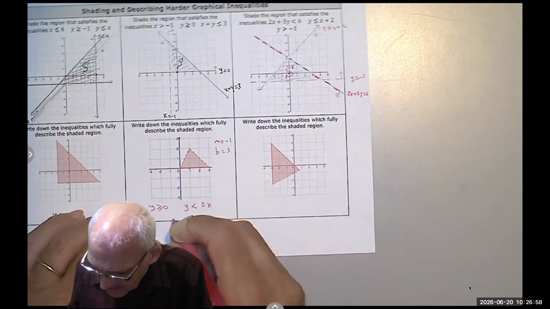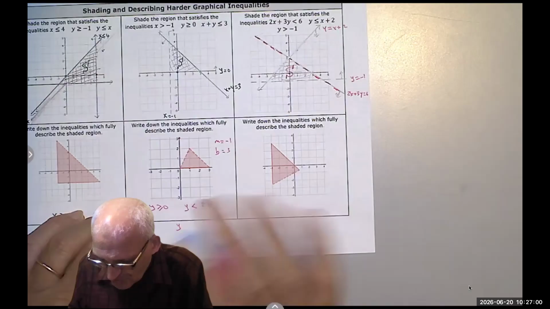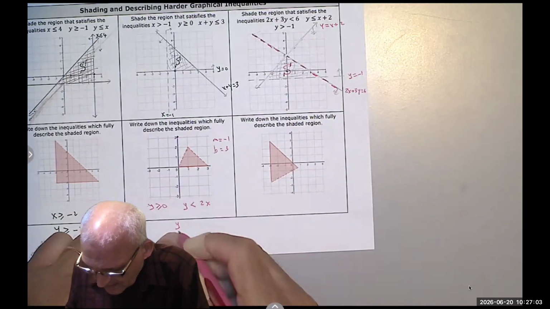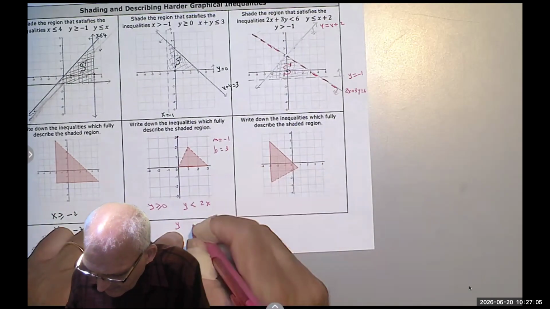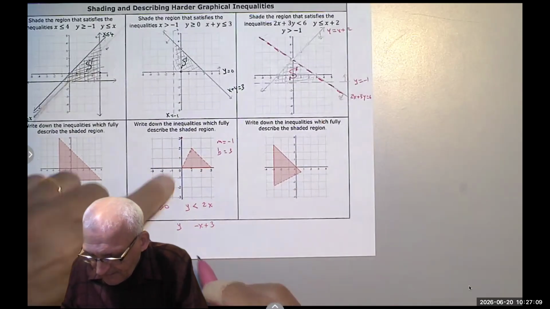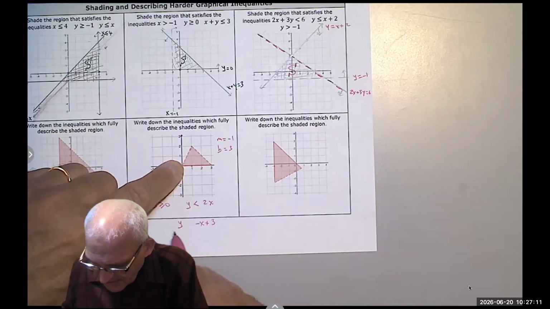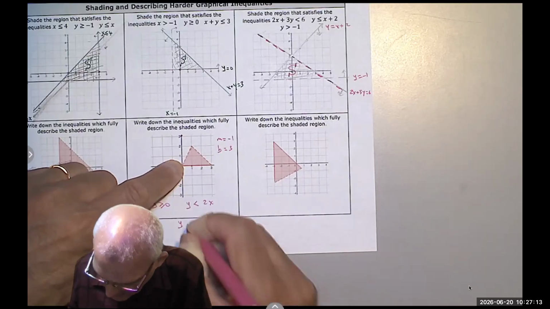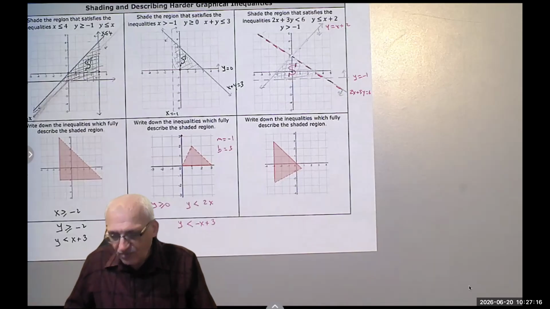So this is y, I'm not going to say equal, I'm going to say y on the left-hand side, -x plus 3 on the right-hand side, and then say, well, if I have 0 and 0, 0 and 3, yeah, 0 is less than 3, so I'm done.